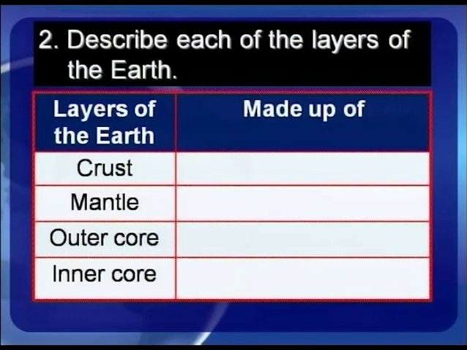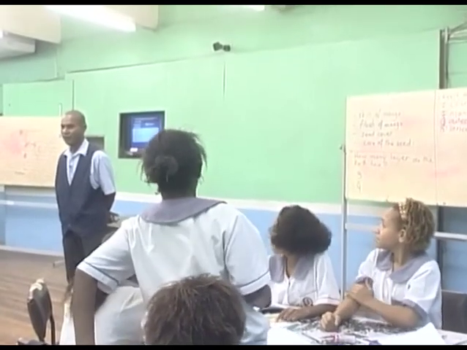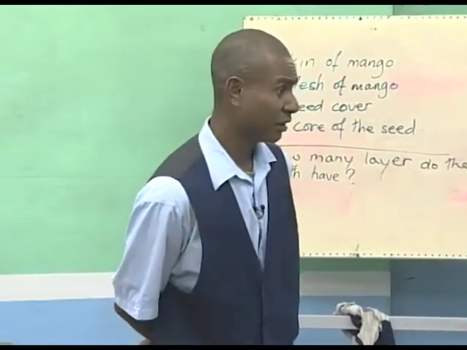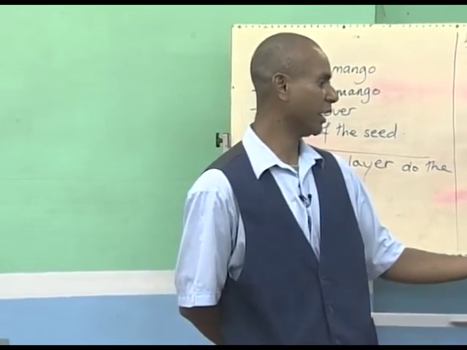Second layer. Milika, give us the first description of the first layer, which is the Earth's crust. Can you tell us in one sentence? The crust is made up of a layer of solid rocks. Very good. Thank you. Any other things that you want to add on?